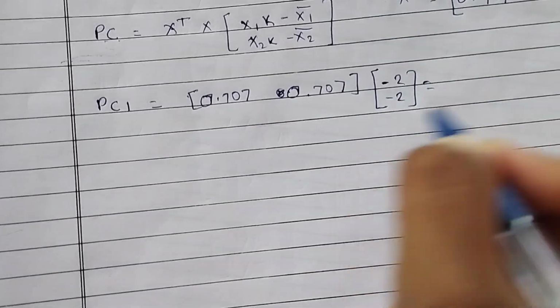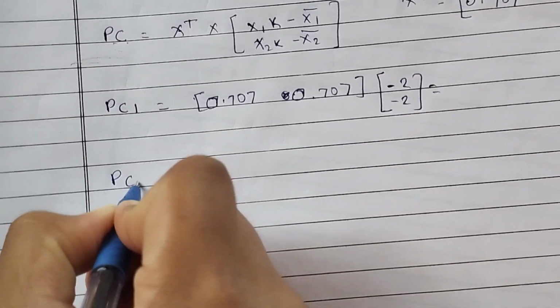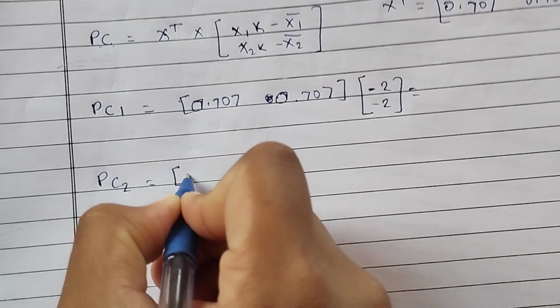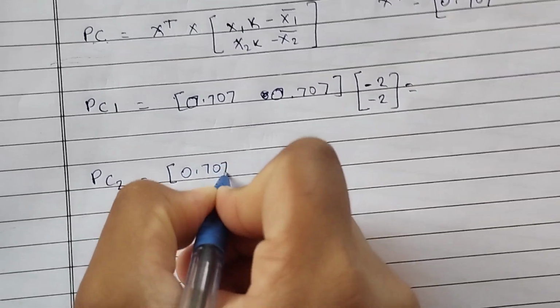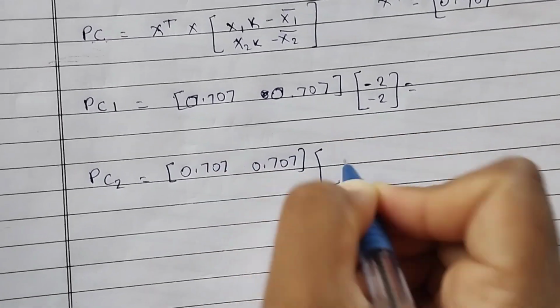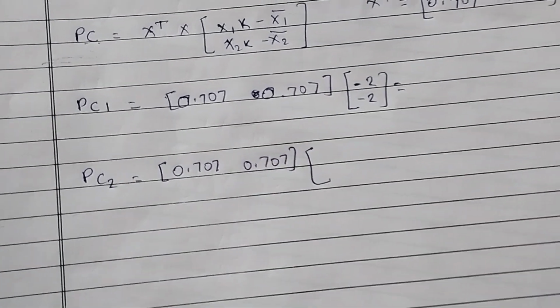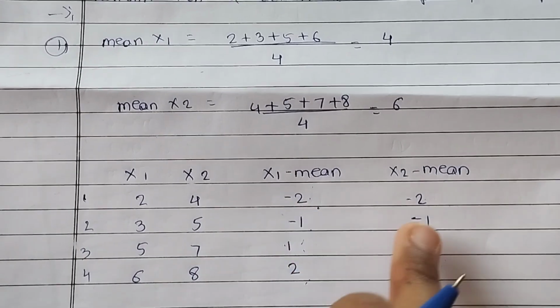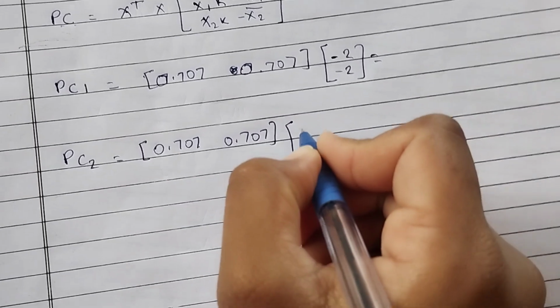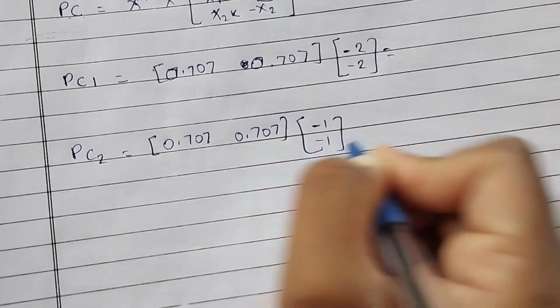Same for the second instance, PC2. This x transpose is as it is, 0.707, 0.707, into, for the second instance, -1 -1.